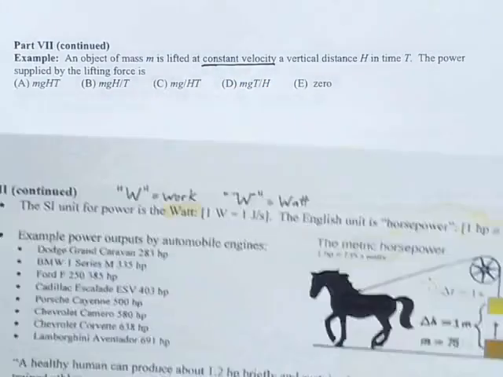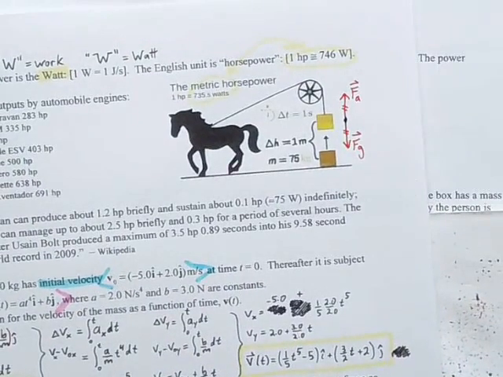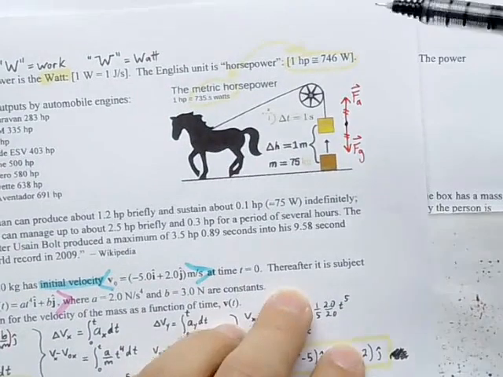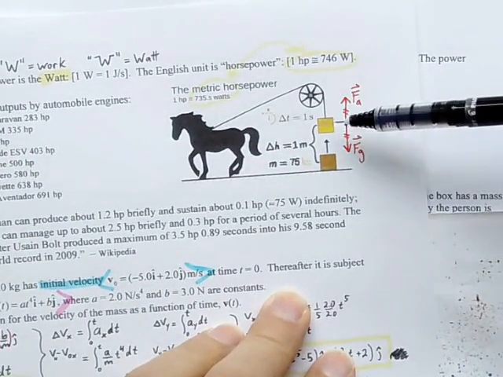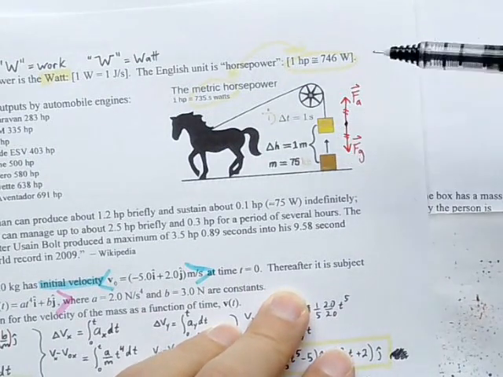This is basically our classic scenario from which the unit of horsepower is derived. We've got a mass that is lifted a certain distance in a certain time, lifted at a constant velocity. We want to know the power input required to make this happen.